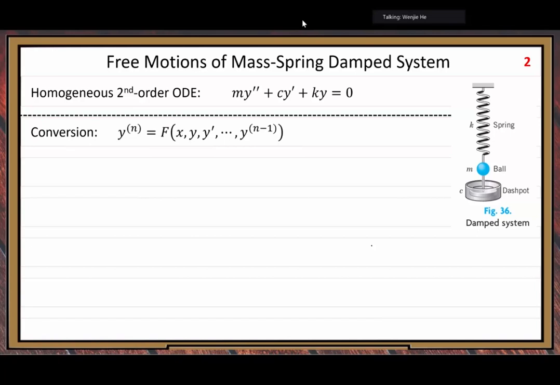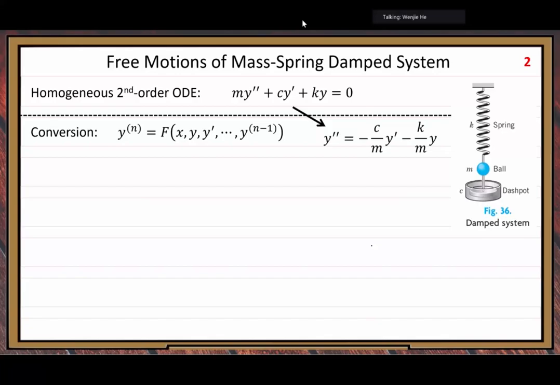At that time, when we represent higher order ODE, we can use a first order linear system to represent an nth order ODE. So we use that method to do the conversion.